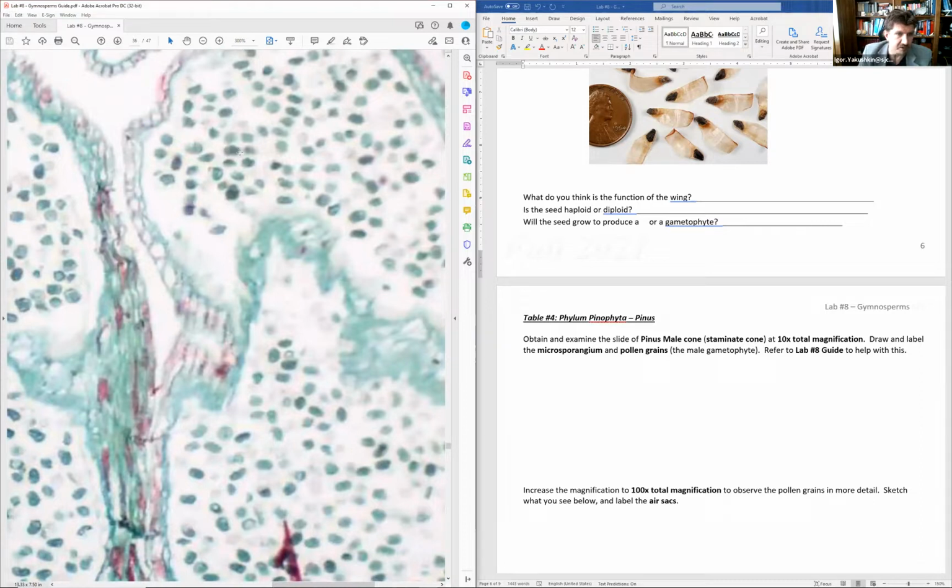That one looks nice right here. You can see that the central part is kind of dark, and then there are two lighter parts. So what we see is the pollen grain itself and something known as the air sacs. In this particular case, air sacs will increase the surface area so the pollen can glide through the air much nicer.